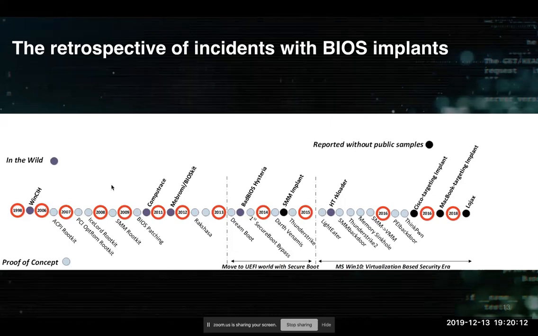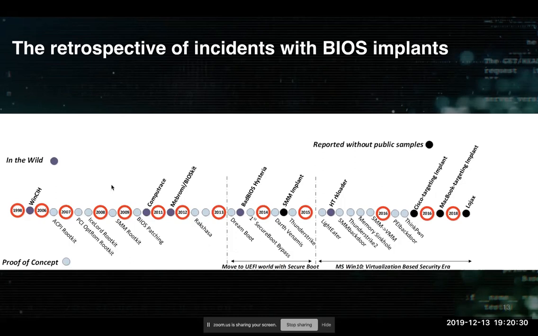But if you look at this timeline, you can see two different ways of evolution. In one, researchers develop new techniques, detect some ways of persistence, and present at conferences.